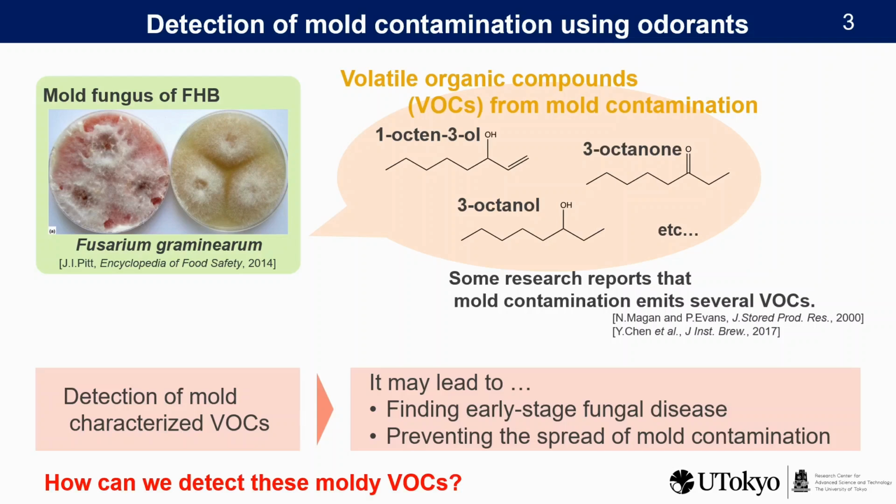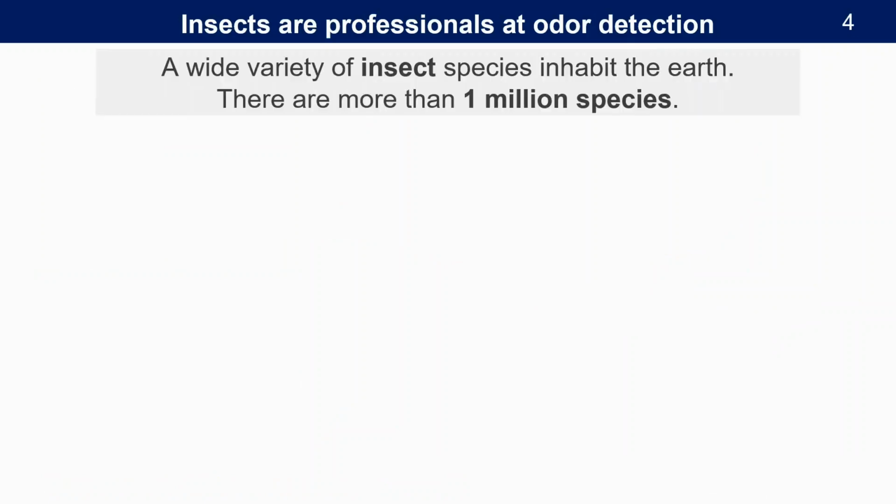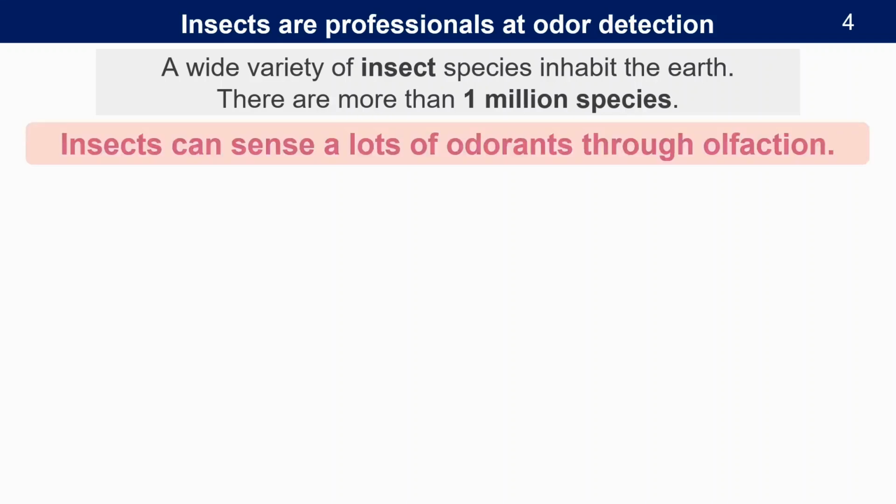The next question is, how can we detect these moldy VOCs? Our answer is insects. A wide variety of insect species inhabit the earth. It is said that there are more than a million species of insects in the world. Insects can sense a lot of odorants through olfaction.